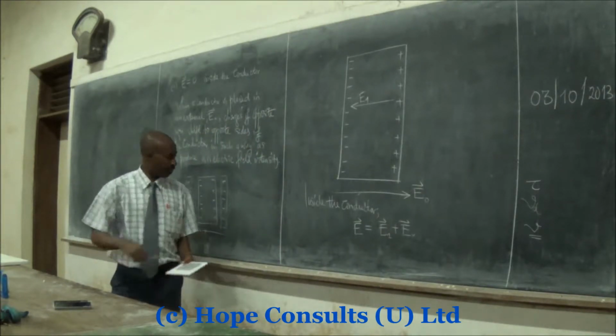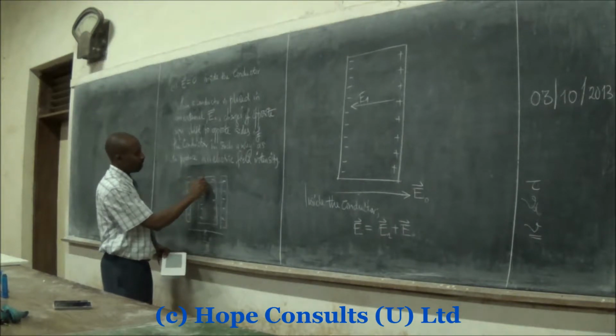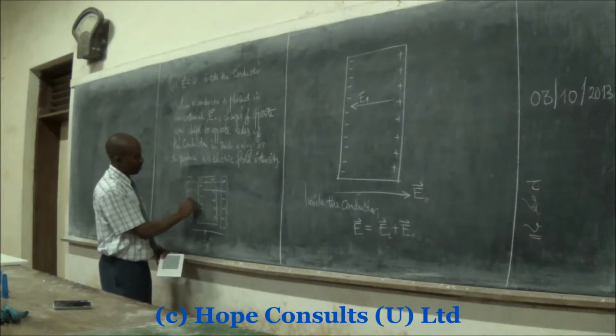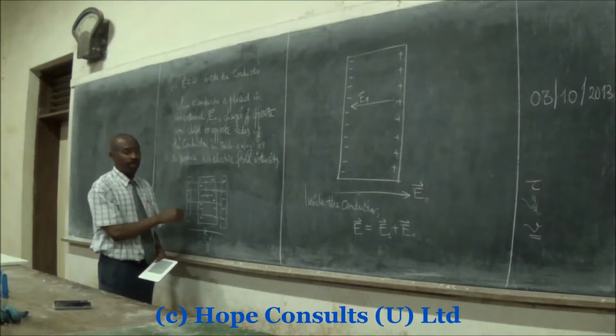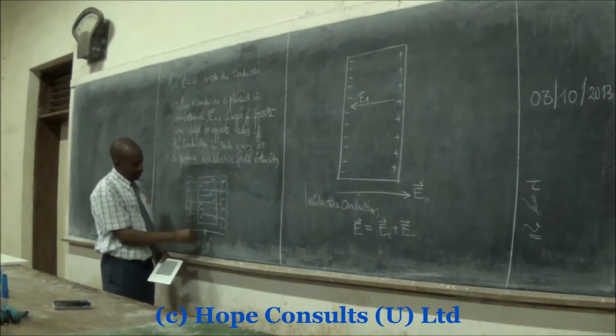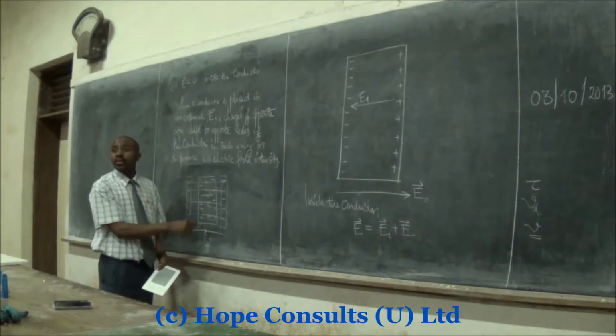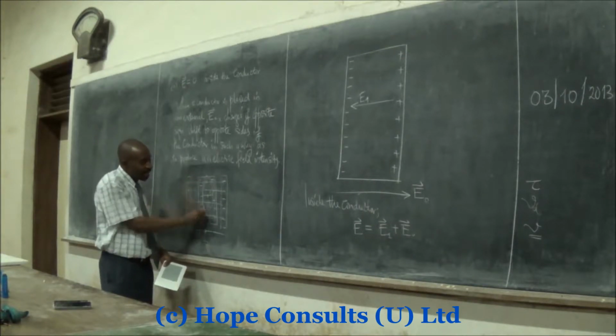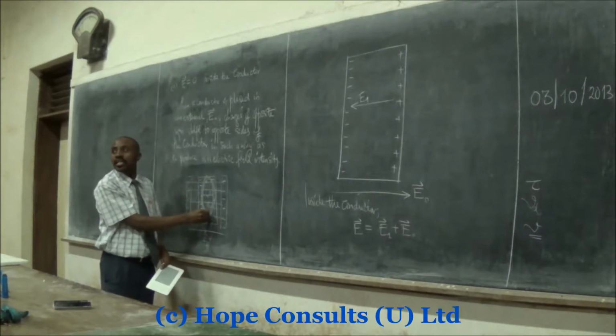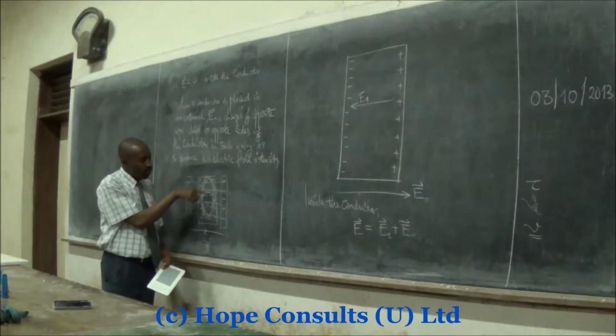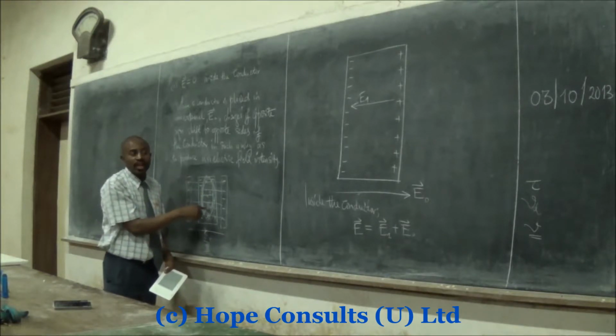All these field lines are going through the conductor, and E1 is coming out. So within the conductor, the effective electric field would be E1 added on E naught.